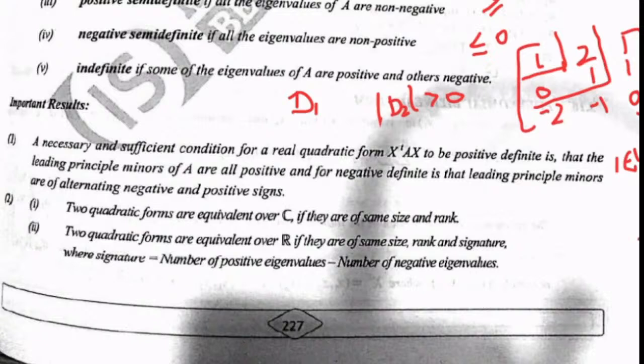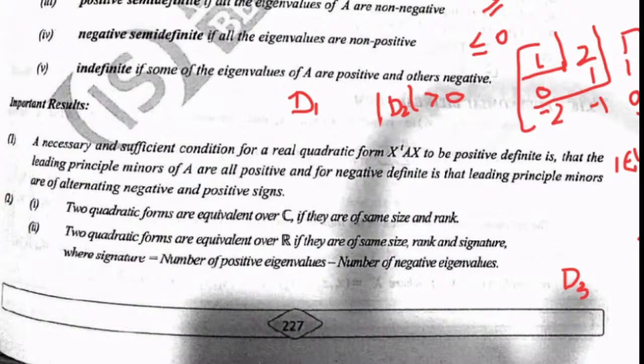So 3 minus 4, which is minus 1. So D3, the determinant, is negative, so it is not a positive definite matrix. If all D1, D2 and D3 are positive, then we can say that it is a positive definite matrix.